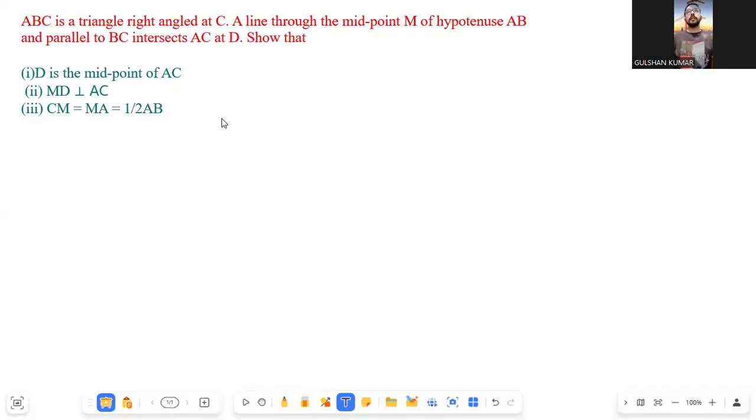Okay, friends, we have a question in the same playlist: ABC is a triangle which is right angled at C. Basically, we have three basic triangles: the equilateral triangle, where all three sides are equal; the isosceles triangle, which has two equal sides; and the right angle triangle, which is right angled at a certain point.